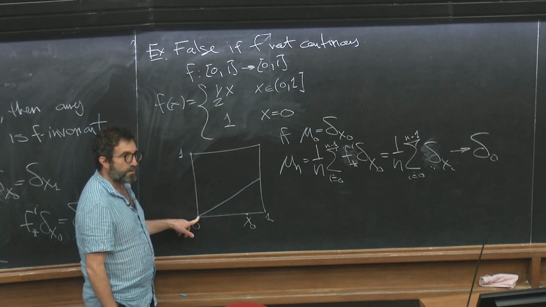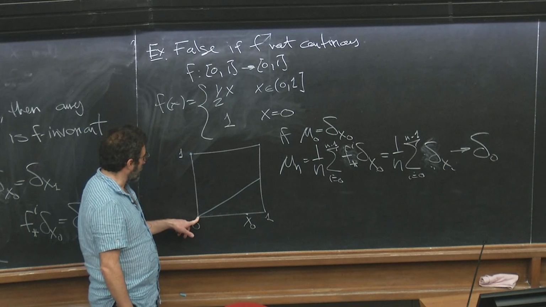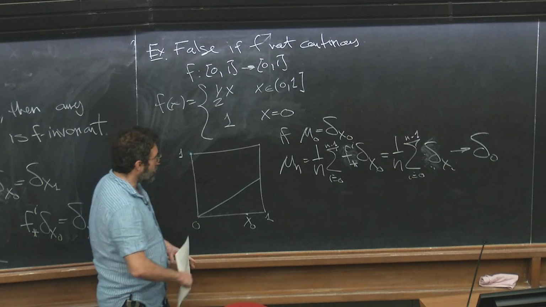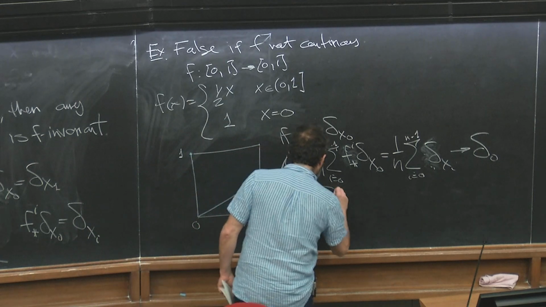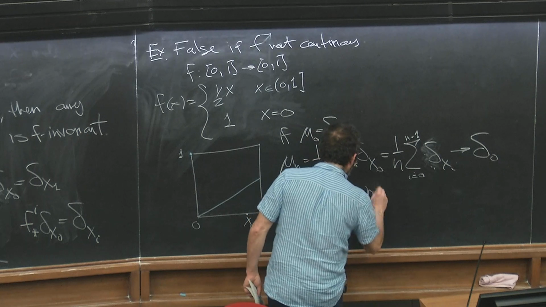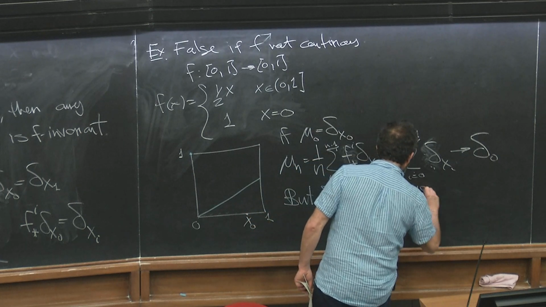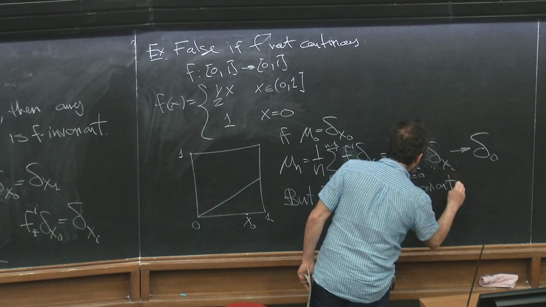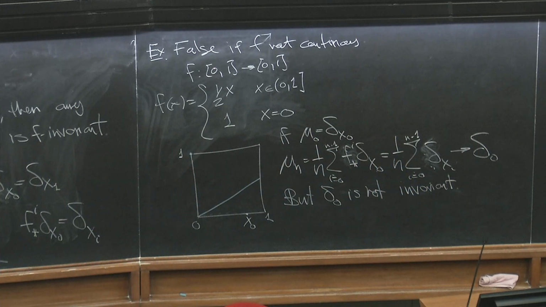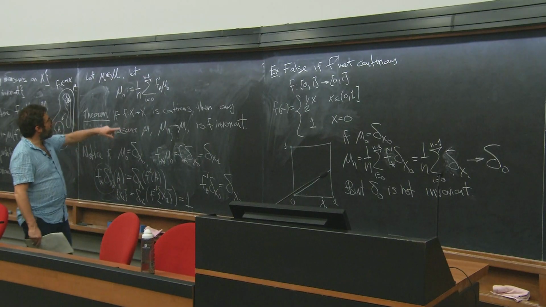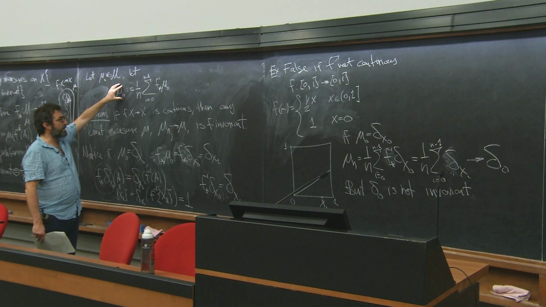But delta 0 is not a fixed point, right? So delta 0 is not invariant. So we have a situation where we have the sequence of measures.